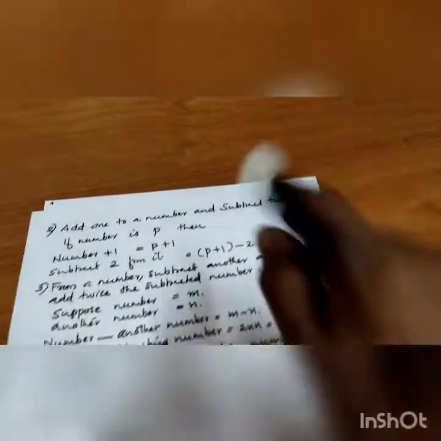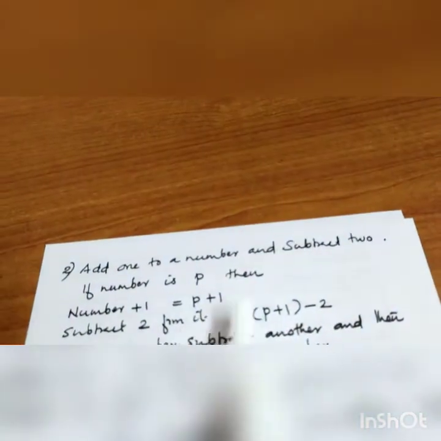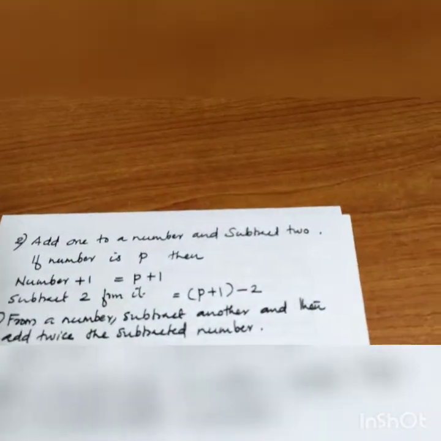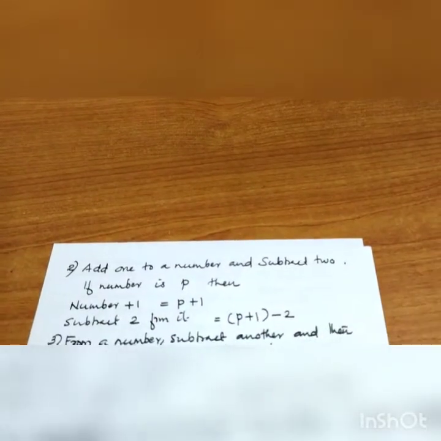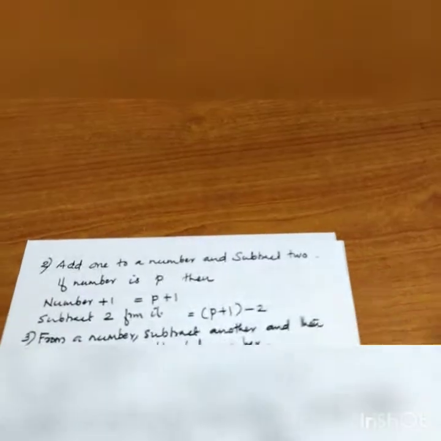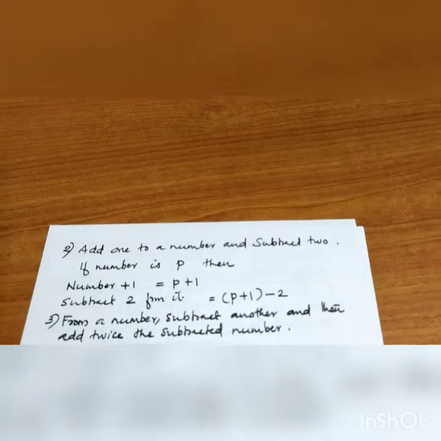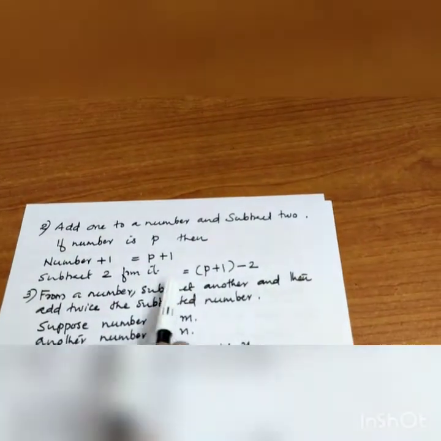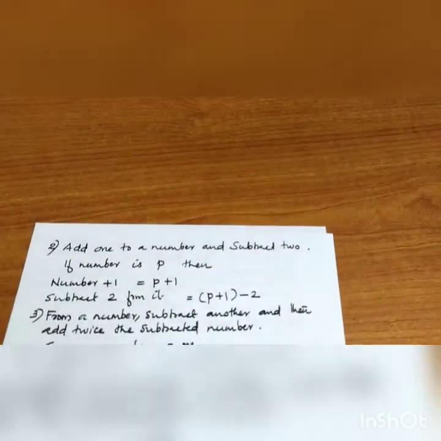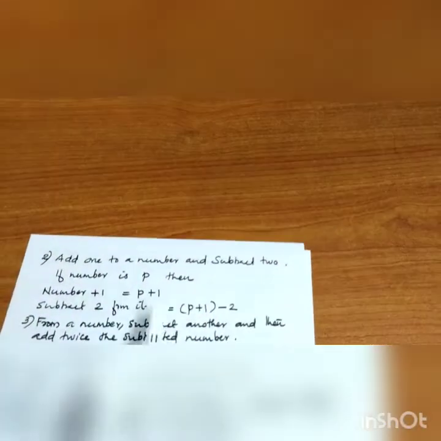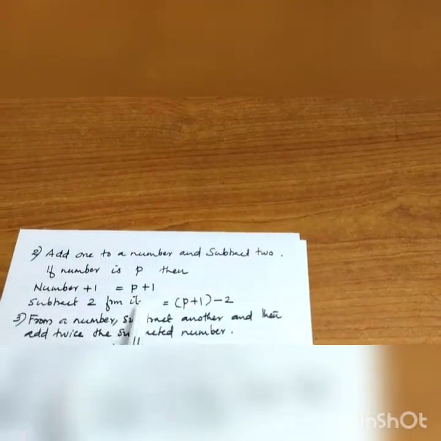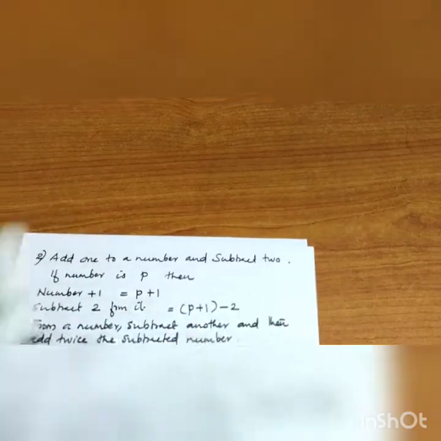Next, add 1 to a number and subtract 2. Suppose that first number is p. Then add 1 to that number: when we add 1 to p, we get p plus 1. And subtract 2. First add 1 to p and then subtract 2.